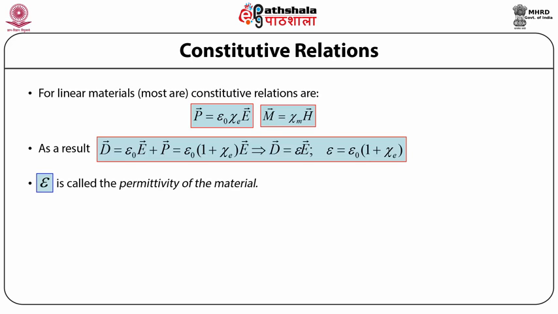Epsilon is called the electrical permittivity of the material medium, epsilon naught is the electrical permittivity of free space, and xi_E is the electric susceptibility.